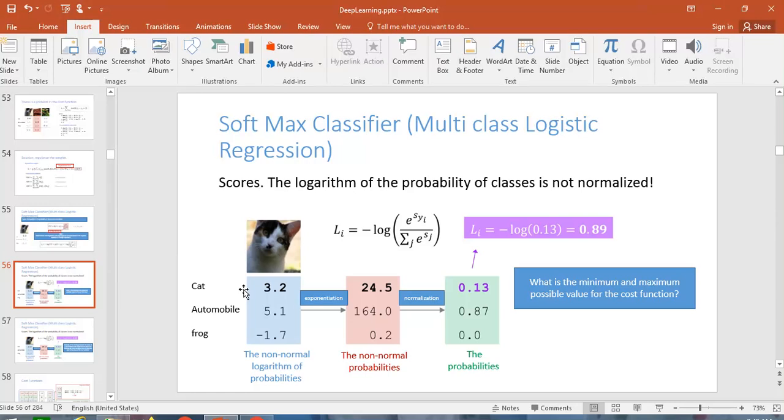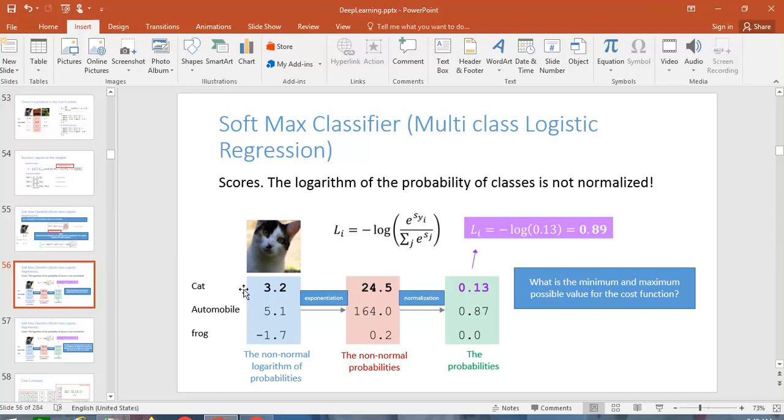The opposite of logarithm is exponentiation. So we raise e to the power of the score of each class, and the scores become unnormalized probabilities.